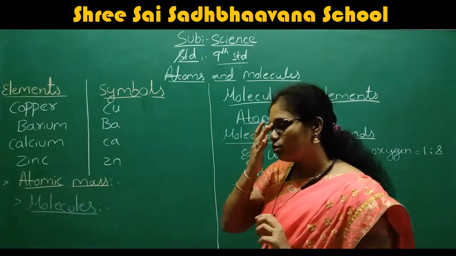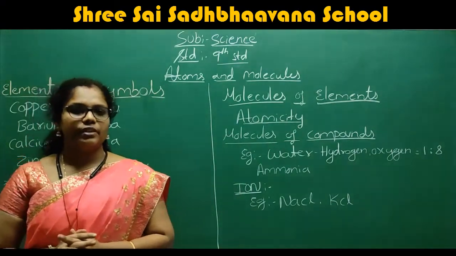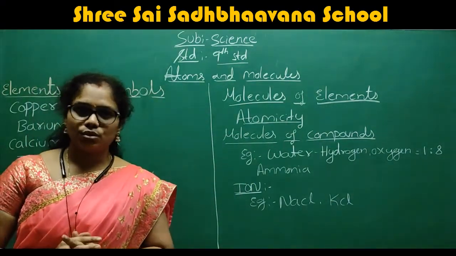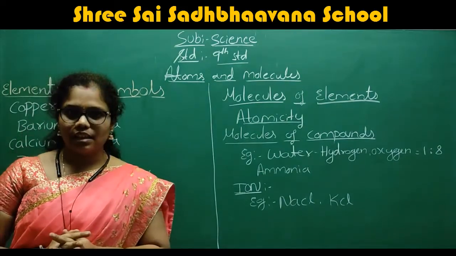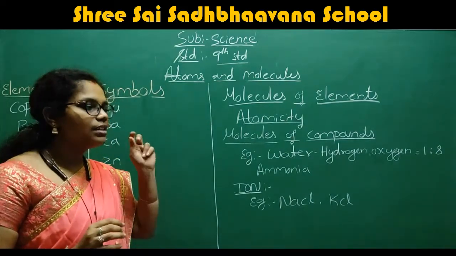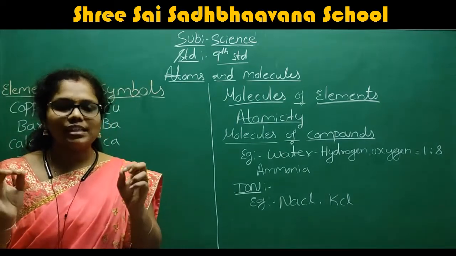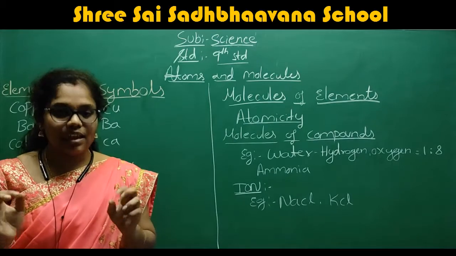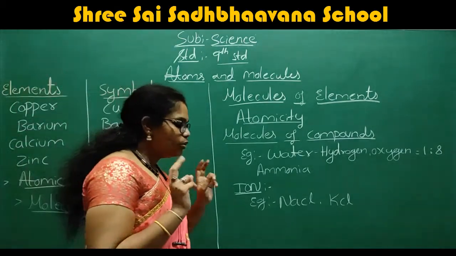Then the next rule for writing the symbols comes. The next rule says that for elements having the same starting letter, we take the starting two letters.